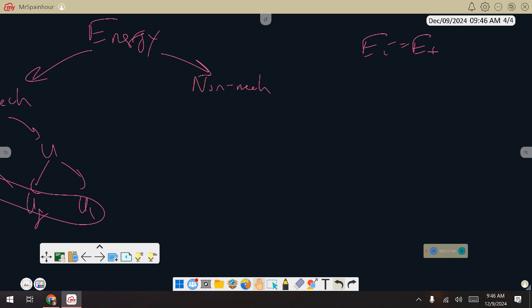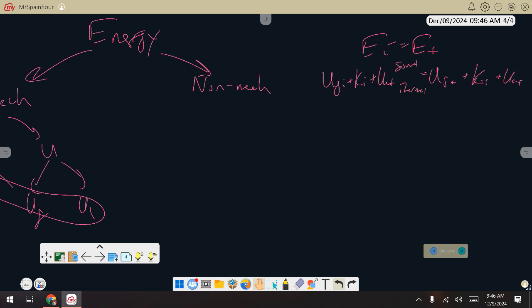So in my example where the ball drops on the ground and all the energy actually goes away, we would probably put gravitational on both sides. We would put kinetic on both sides. We would put elastic on both sides. Okay, but then we would also probably put sound and thermal and anything else that possibly changes.